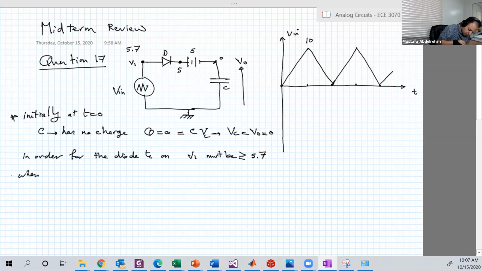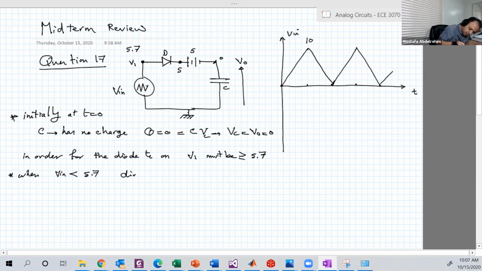When the input is less than 5.7, the diode is off. So the current, which is equal to the current of the capacitor, is equal to 0.